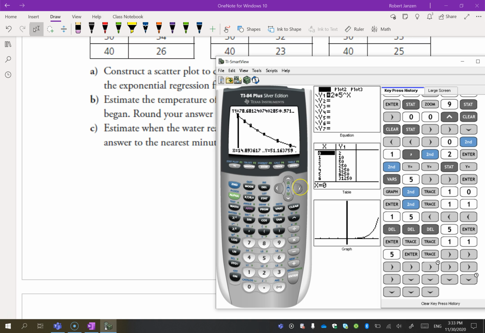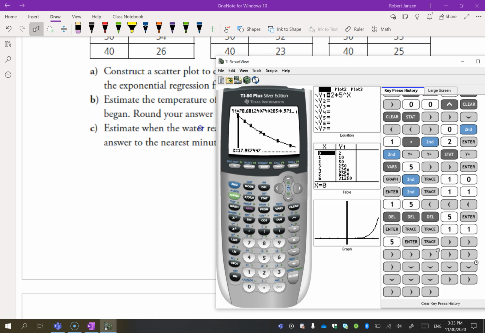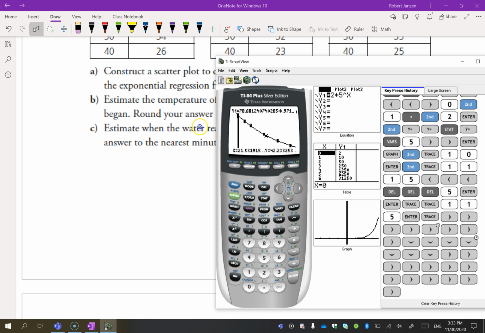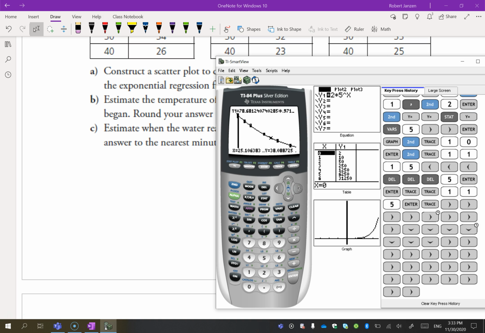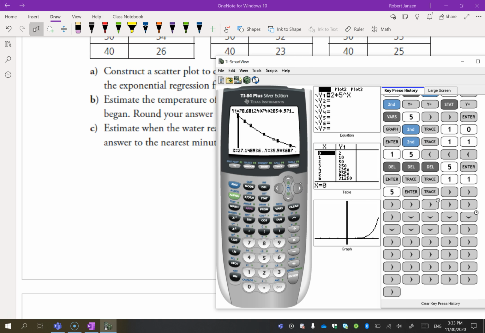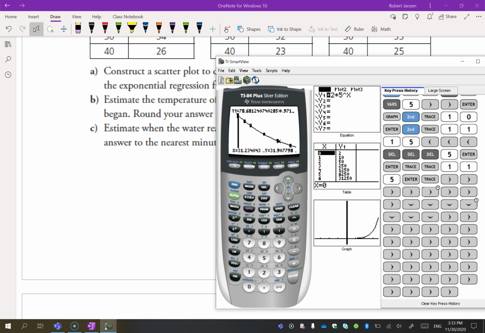What the heck is my thing doing? Okay, I can keep moving along here using my right hand arrow, and I want to know when y gets to about 30. Getting closer, getting closer. That's pretty close there. That says x is 33.28.